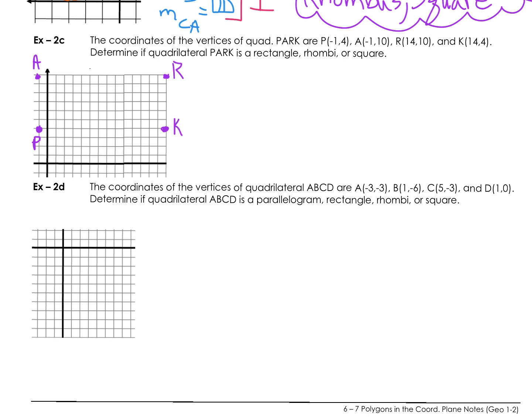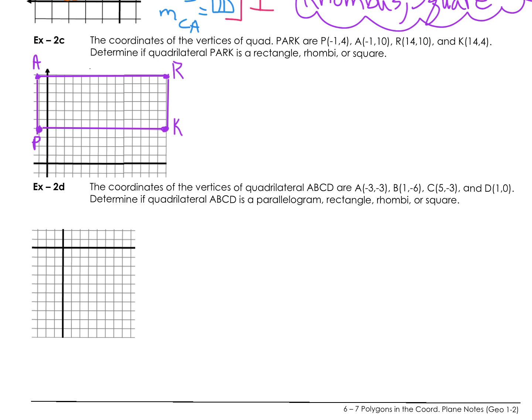And then I'm going to connect with a straight line. Close enough for government work.